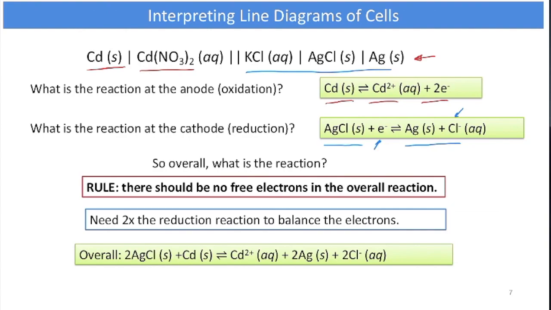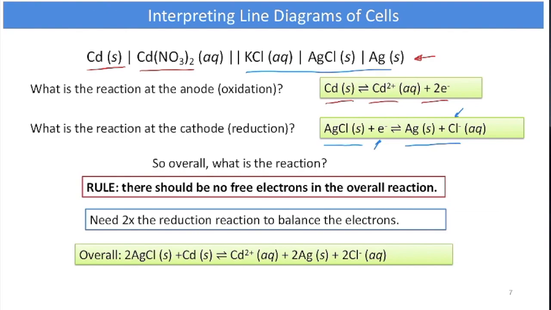And now we can try to write the overall reaction. The important thing to note is that the cadmium reaction has 2 electrons, and the silver chloride reaction has 1 electron. When we write overall reactions, we can't have extra electrons lying around on either side of the reaction, so we have to make sure we cancel out those electrons.